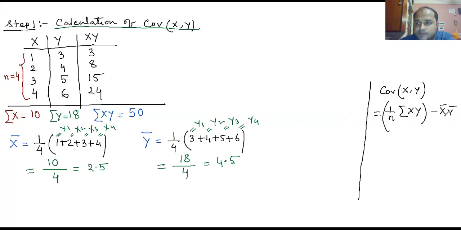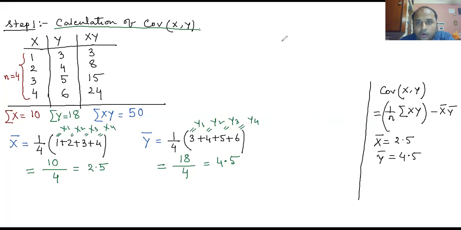X bar y bar has been calculated. We have got our values, x bar is 2.5 and y bar is 4.5, from this calculation. Now our job is to find this portion.